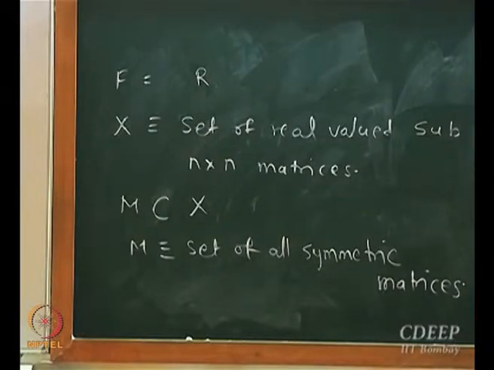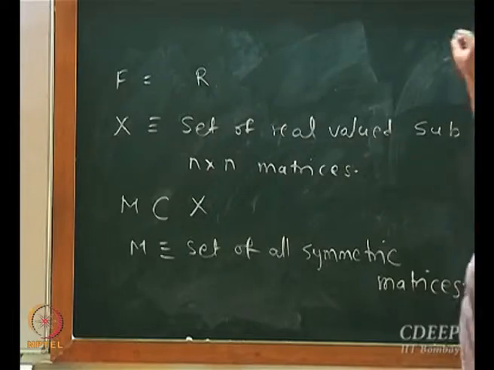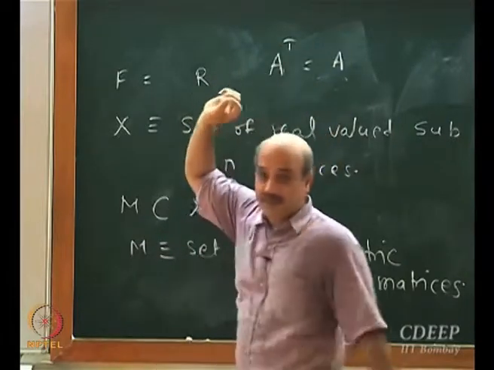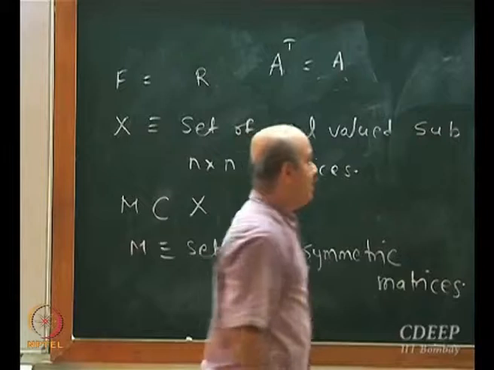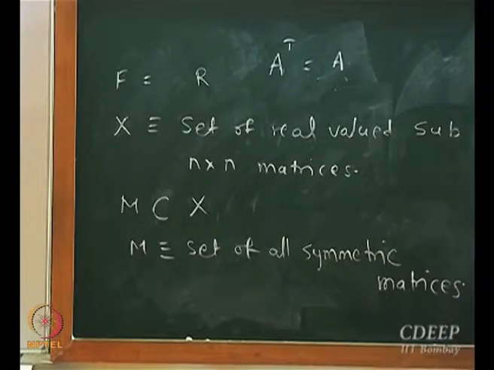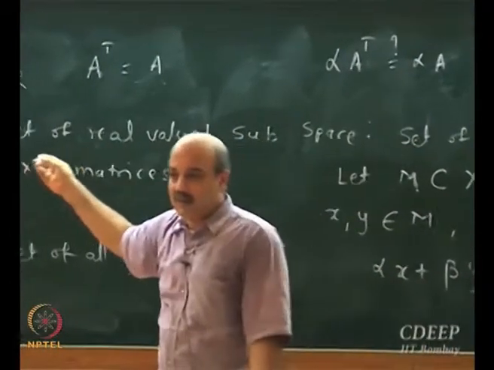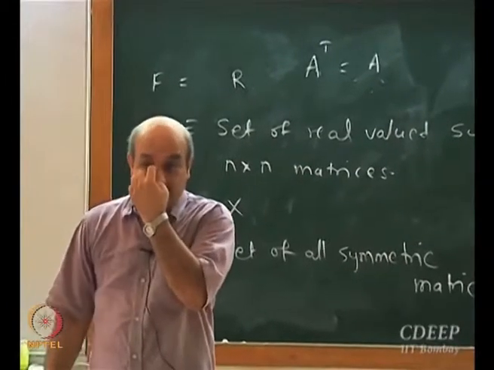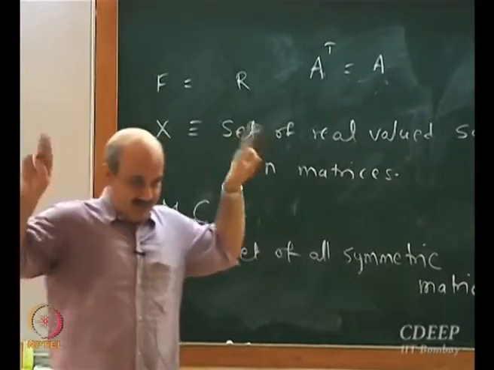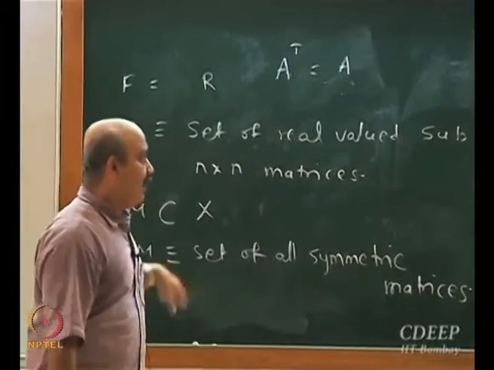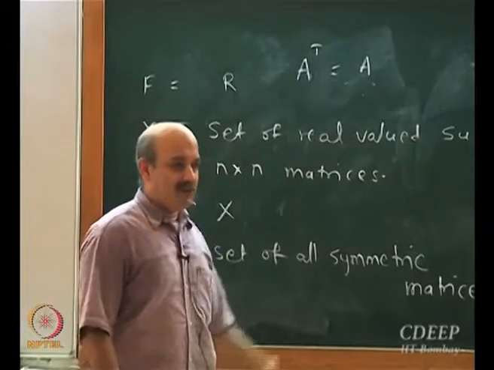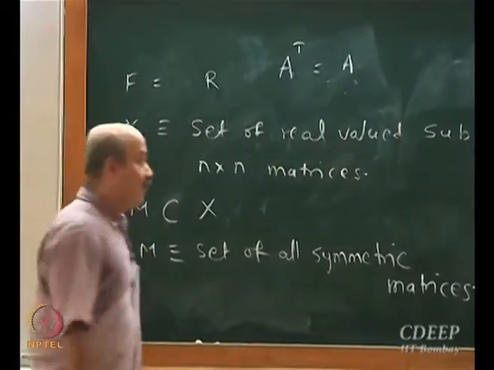What is a subspace? If I take a scalar alpha, when you call the matrix symmetric, A transpose is equal to A. Just test this: will alpha times A transpose be equal to alpha times A, for any alpha? By the way, what is the zero element here? What is the zero vector? The null matrix. If I set alpha to be 0, it's a symmetric matrix, so it belongs to the subspace.